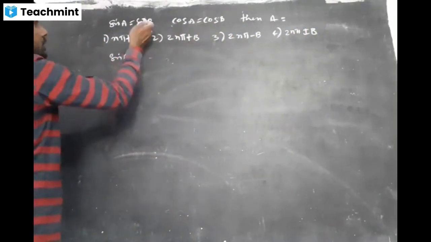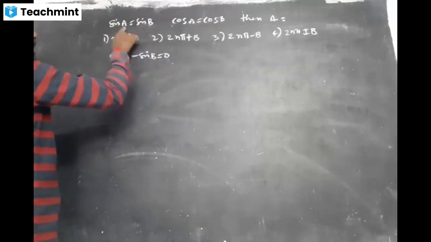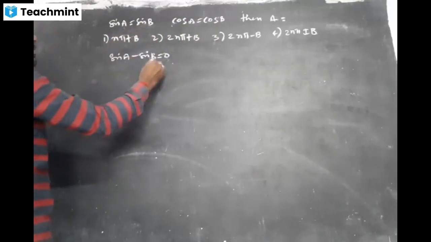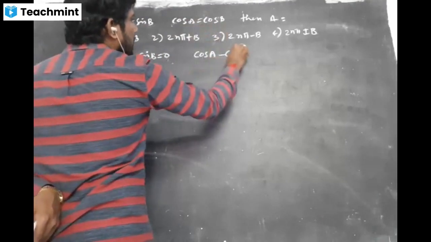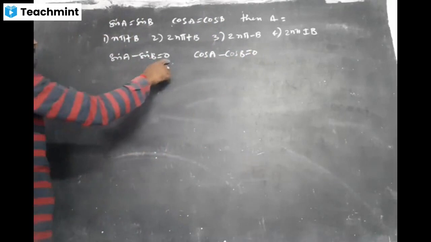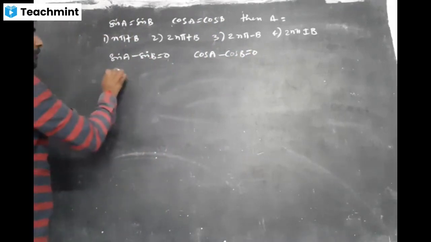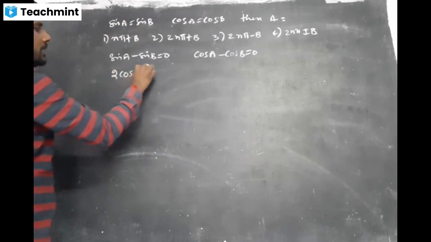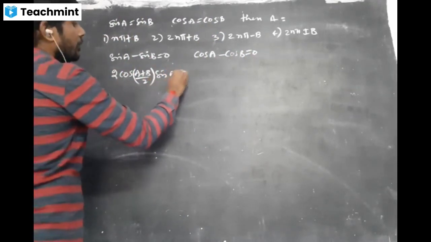So sin A minus sin B is equal to 0, where sin B comes to this side. And cos A minus cos B is equal to 0, where cos B comes to this side. The formula for sin C minus sin D is 2 cos of (C plus D) by 2 sin of (C minus D) by 2.